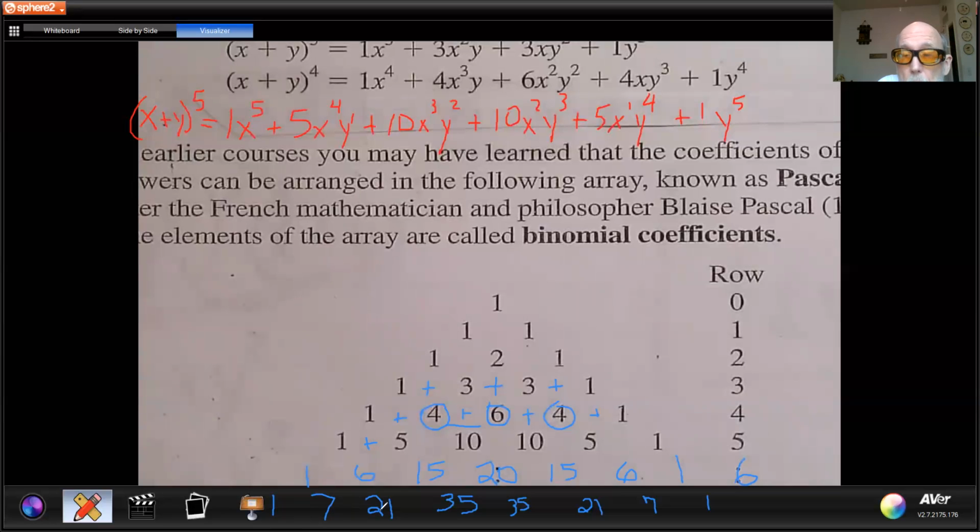And this would have to be x5, y2. And so the x letters go down, and the y letters go up. So we can do that. That is the end of what is Pascal's triangle. Now I'm going to do another one and show you how to use it. Okay? Bye.